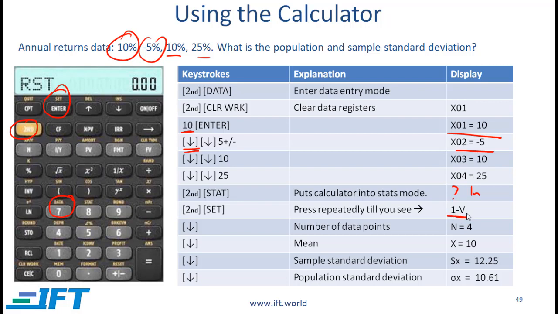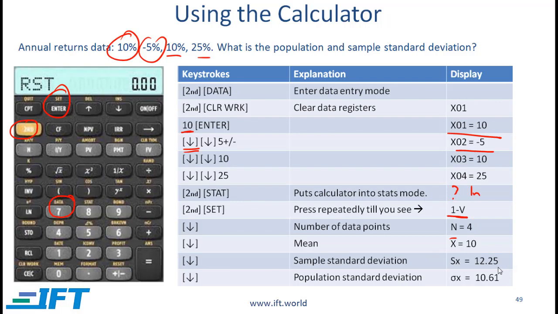Once you see this, you should press the down arrow, and what you will see is n equals 4. This is telling you that we have 4 data points. You press the down arrow again and you will see X bar equals 10. That is telling you that the mean of this data is 10. You press down arrow again, you will see SX equals 12.25.